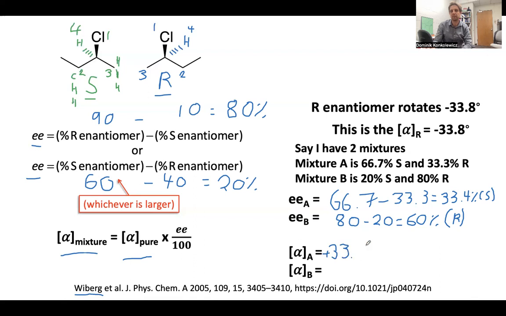We know S is in excess, so we're going to get a positive rotation, the opposite of what we get for the R enantiomer, times 33.4 divided by 100, so it's a third of 33.8 degrees.